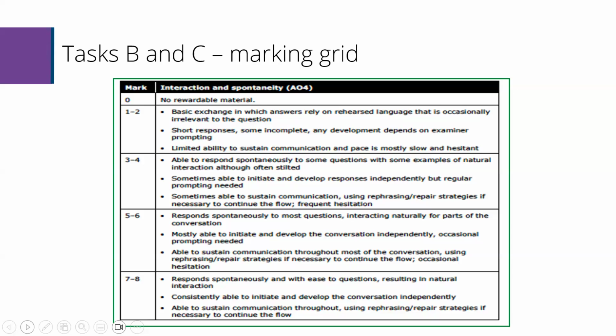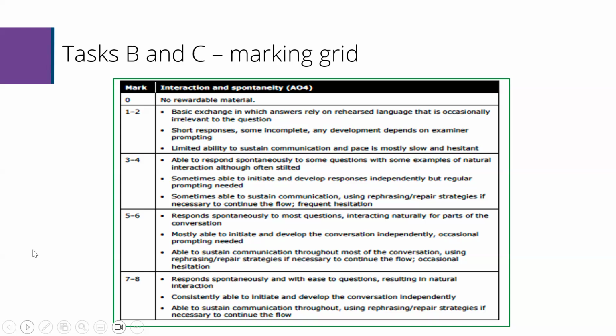We know that students will have pre-learned a certain amount of information, but it's important that you might ask them why, or what color was that, or can you tell me a bit more about that, in order to demonstrate that what they're doing is spontaneous. So respond spontaneously and with ease to questions, natural interaction, consistently able to initiate and develop the conversation independently, and able to sustain communication throughout using rephrasing and repair strategies if necessary to continue the flow.